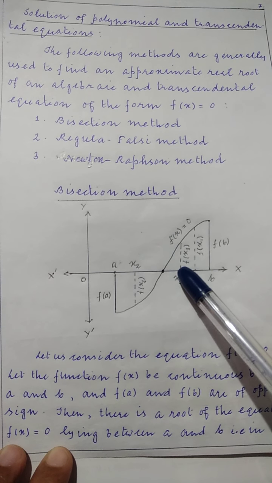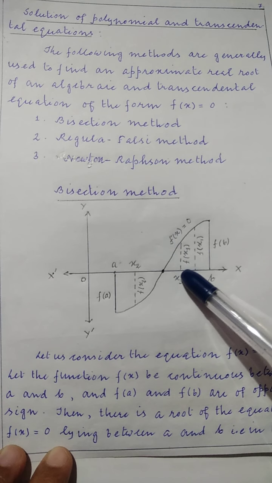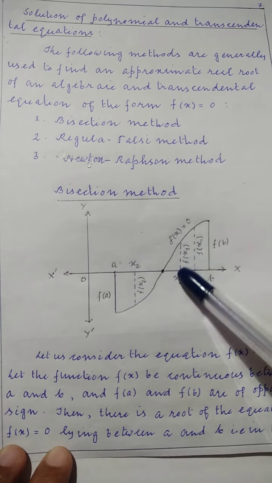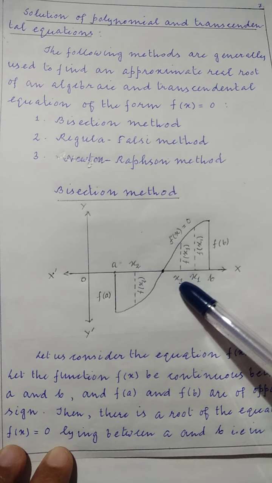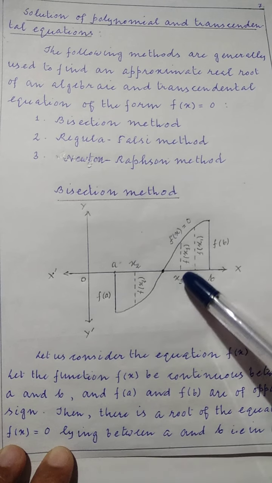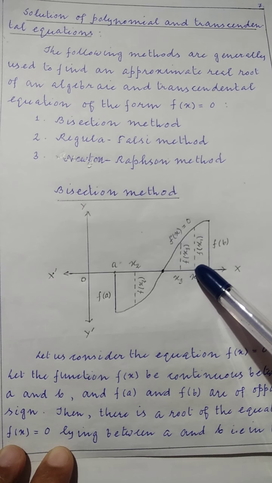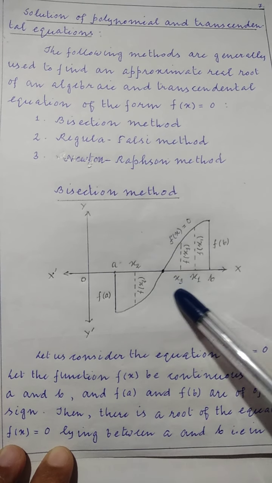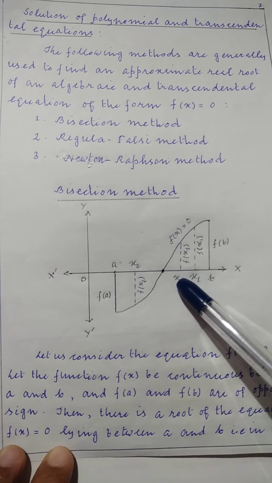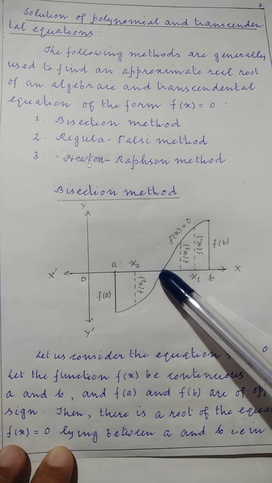So now we are getting this point x3. And see again, f of x3 is not equal to 0, which means x3 is not the root of the equation. But if you see, earlier we got x1, then x2, then x3. Now this point x3 is coming closer and closer to the root.